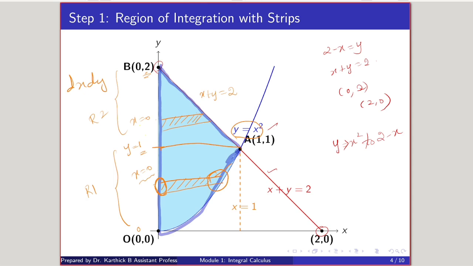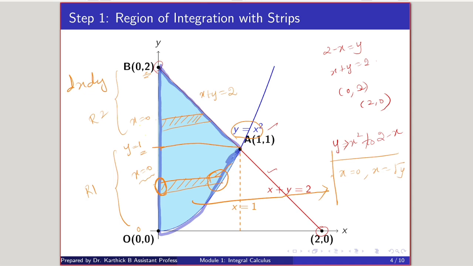If I take R1, we get the limits because the strip is parallel to the x-axis. First we want to find the limits of x. So the x limit will be 0 to square root of y. For this region we get the limit x equal to 0 and x equal to square root of y.